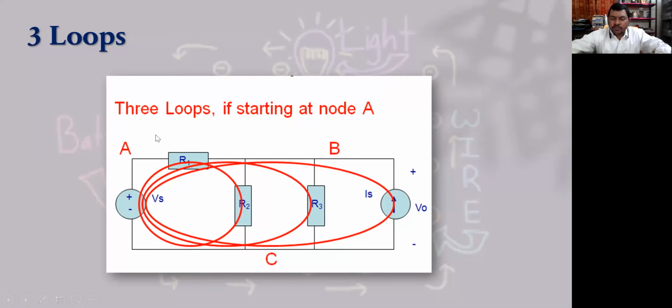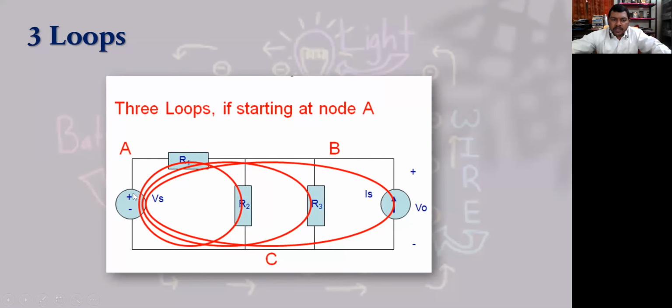Now when we talk in terms of loops, we need to know how many times the circuit is completed. In the first loop, when we take A, B, and C as the three nodes, the first loop will be voltage source Vs, R1, R2, and again back to Vs. So this is the first loop.